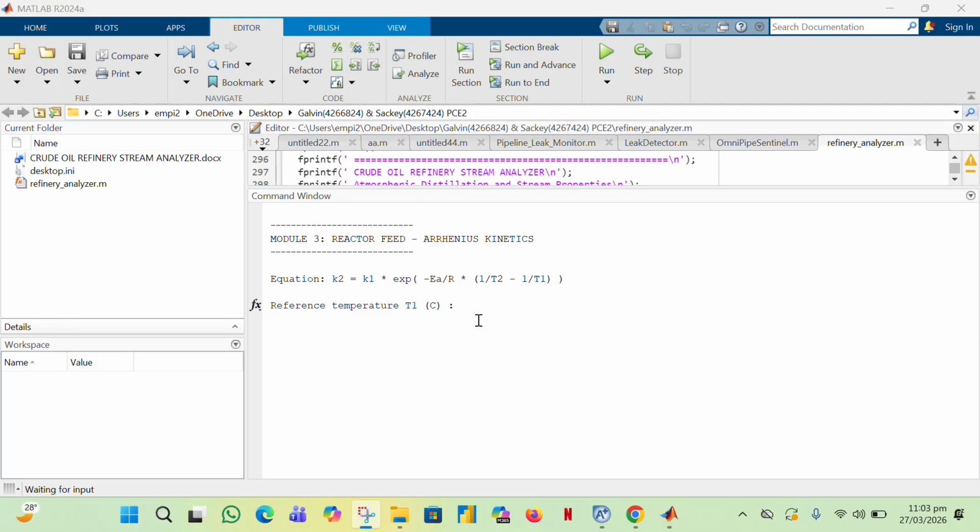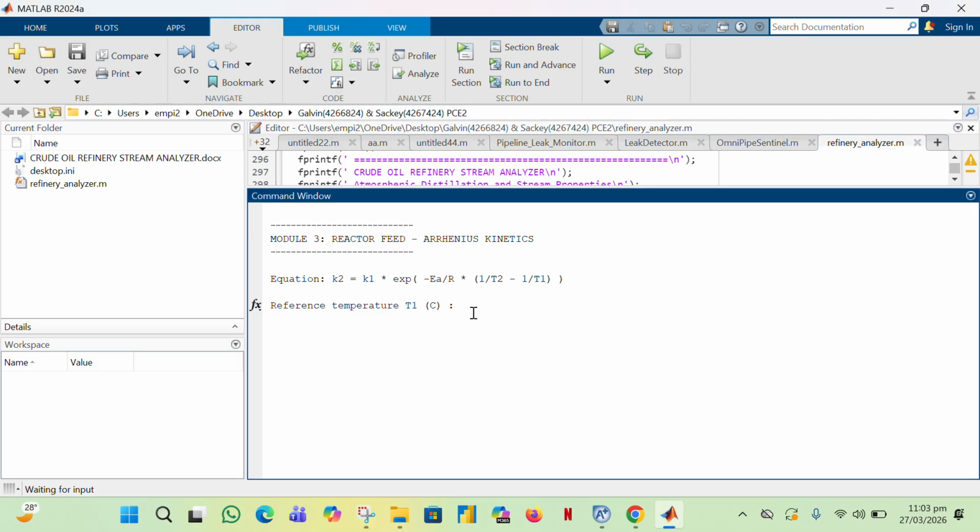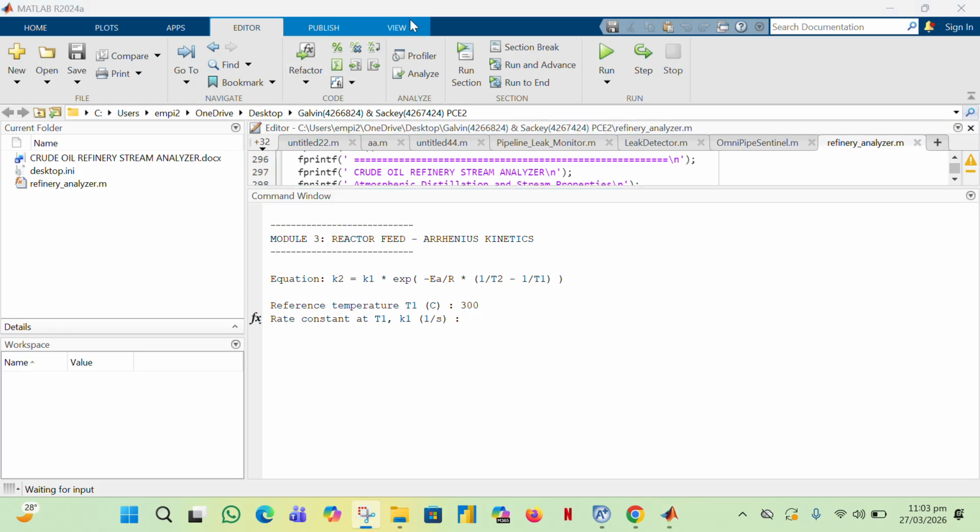With this, we are going to input our values, which it will ask us for, and it is going to give us the rate change. The temperature of the reactor is currently 300 degrees Celsius. The rate constant k1 at that temperature, we make it 0.05.